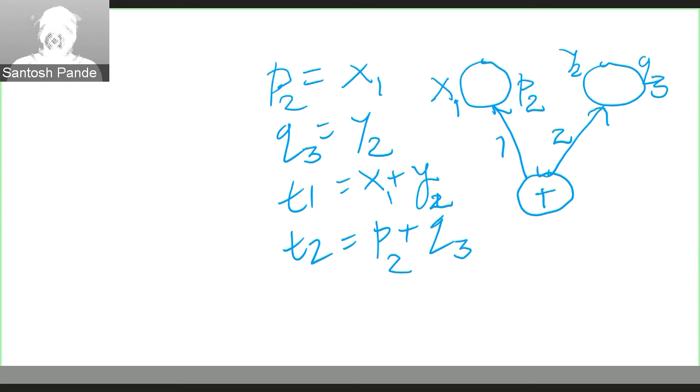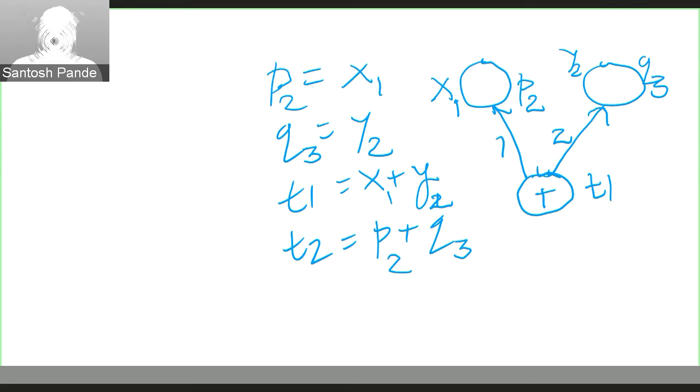So they are not commutative operators, and we have to distinguish between the positions of the operands. So the first operand is given label 1 and label 2 for the second operand on the other edge. Now this plus is generating another new value. Now what is that value assigned to? T1.